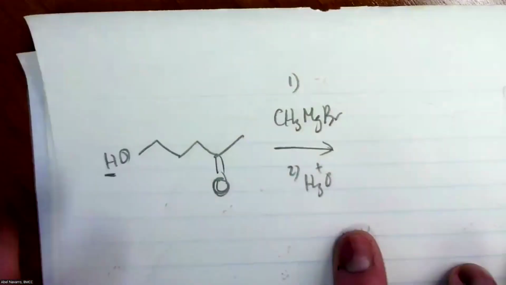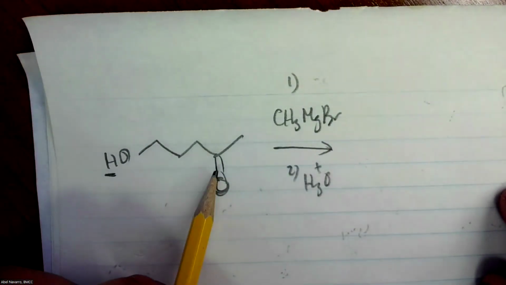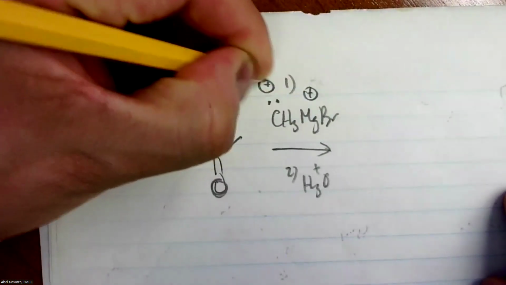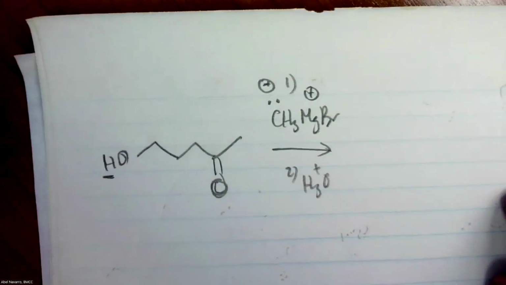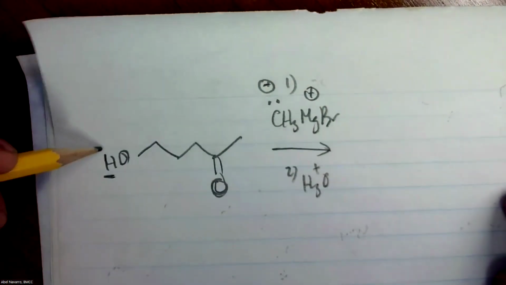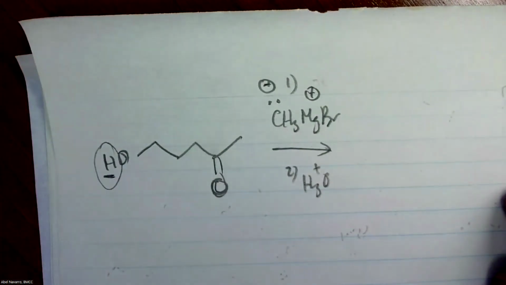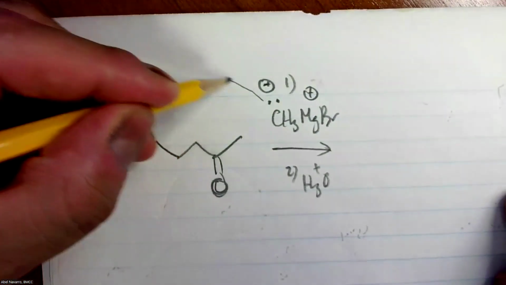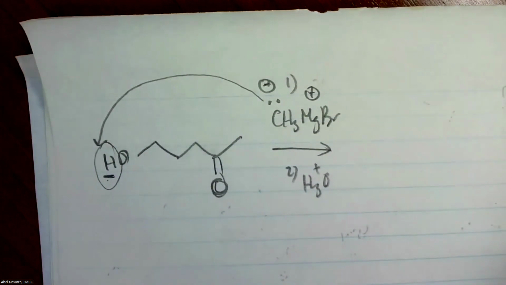This reaction will not proceed. What is the Grignard going to do? Remember, the Grignard is a good base. It's also a nucleophile, but it's a better base. So it will deprotonate this H. The methyl Grignard will attack the H instead.